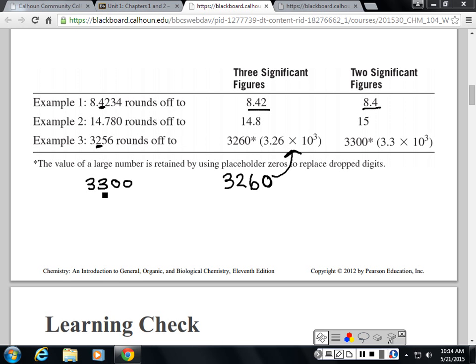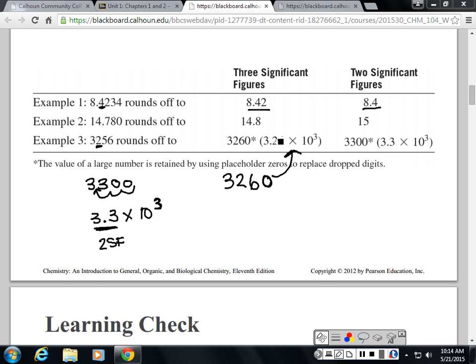Then we can write this in scientific notation. Move our decimal 3 places. We get 3.3 times 10 to the 3rd. The number you have here, if you round to 2 significant digits, is what has to show here. There's 2 significant digits there.